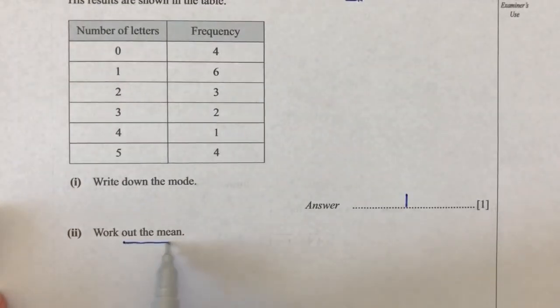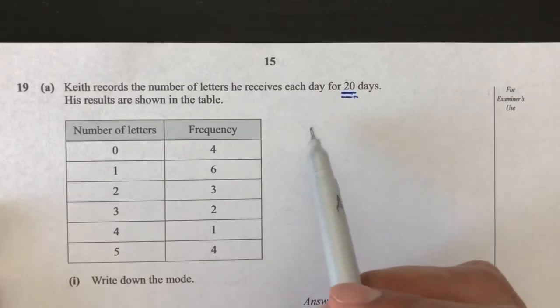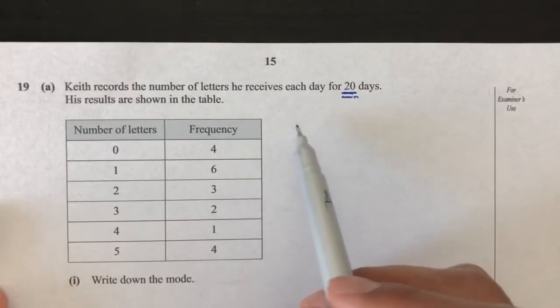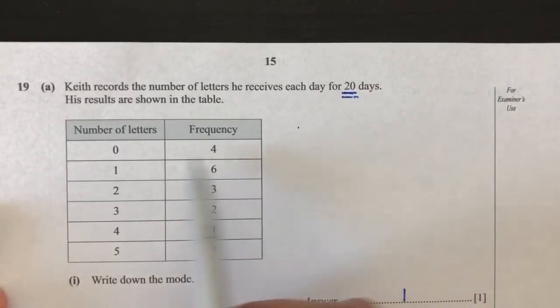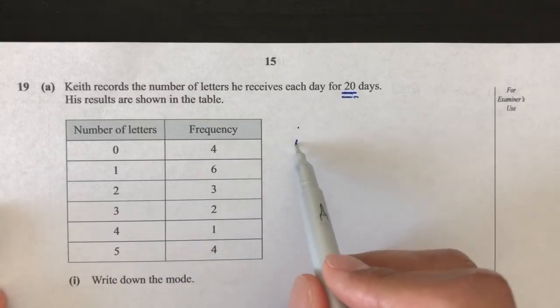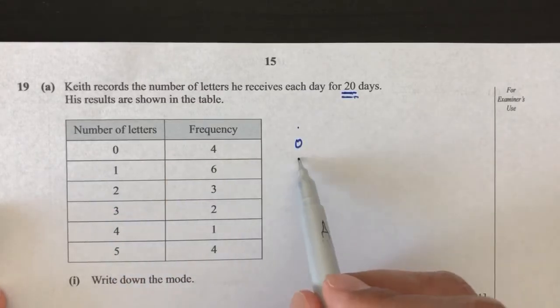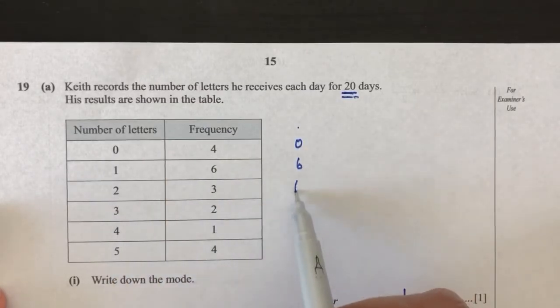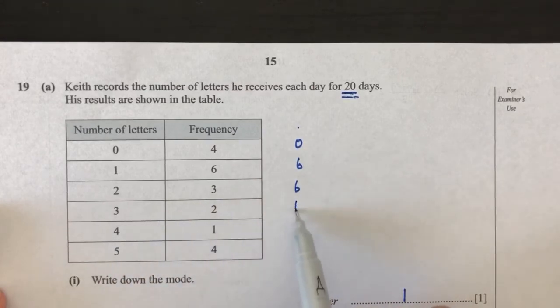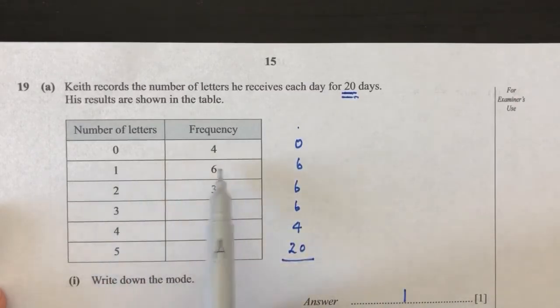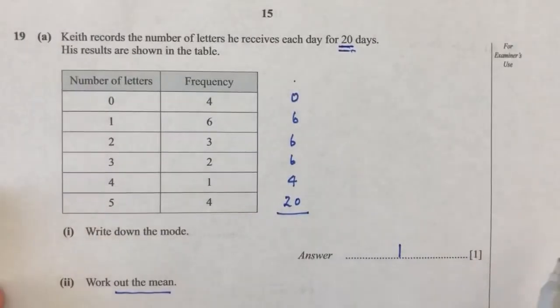Work out the mean. So for the mean, let's find out letters on each day. 0 times 4 will be 0, then 6, 6, 6, 4, and 20. So we just multiply them to find the number of letters.